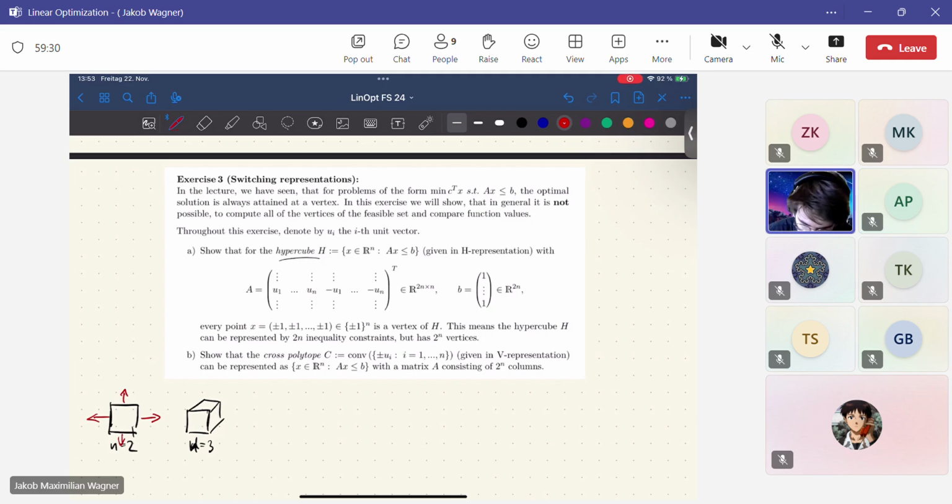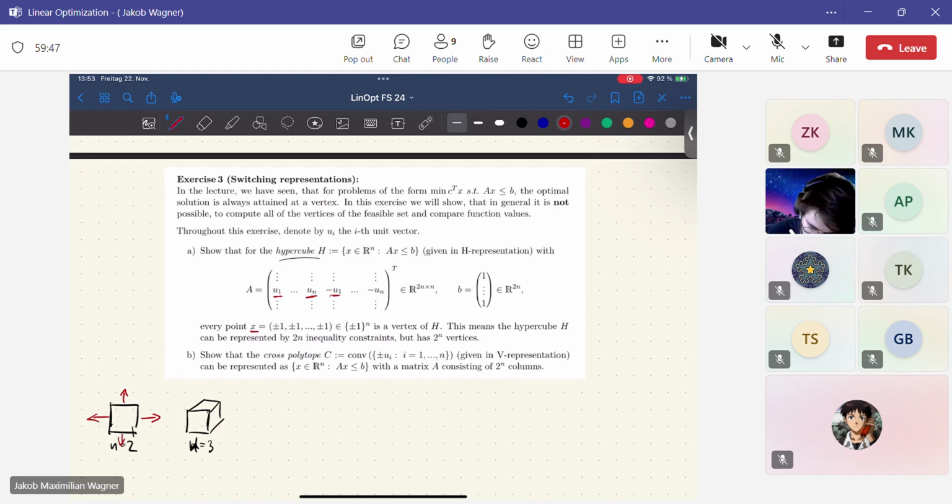And we have that the inner product of x with all of the unit vectors u_1 through u_n is less or equal than 1, and the inner product of the negative unit vectors with x is also less or equal than 1.